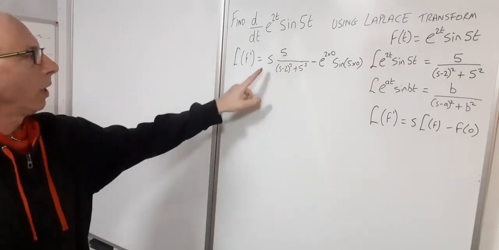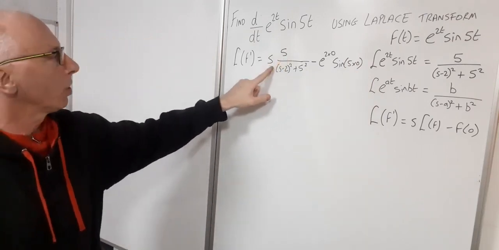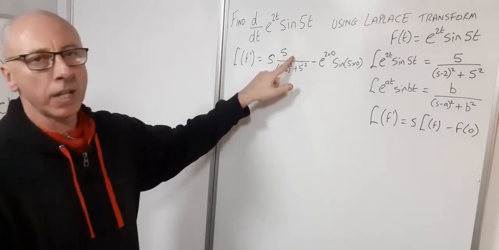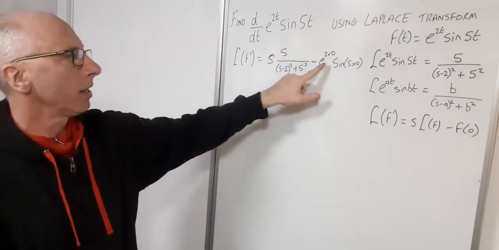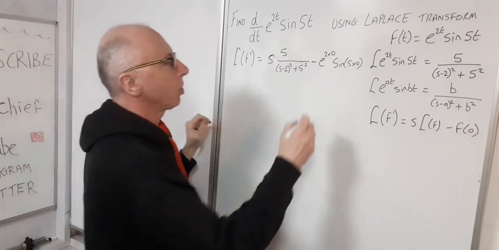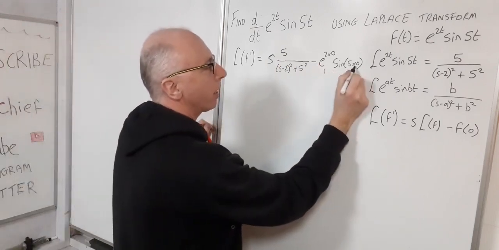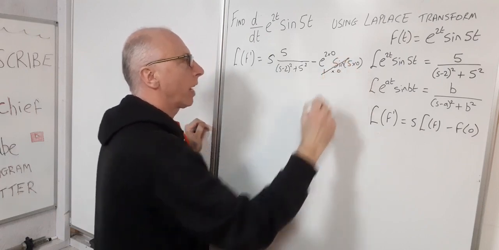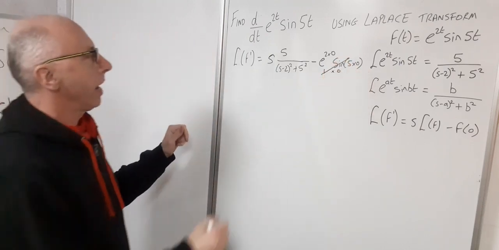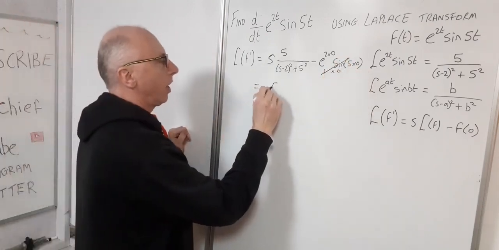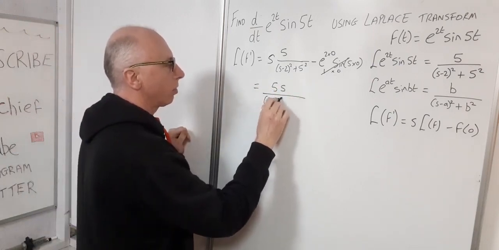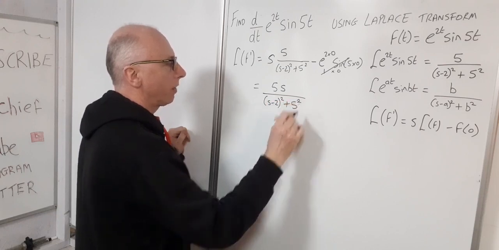Okay, well this we can take care of. We'll just put the s in our numerator here, I'll make that clear as it's an s, it's not a 5. This is e to the 0, which is just 1. And this sine of 5 times 0 is just 0. So this will cancel out. So now we're left with 5s over s minus 2 squared plus 5 squared.